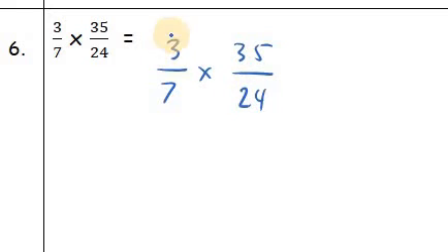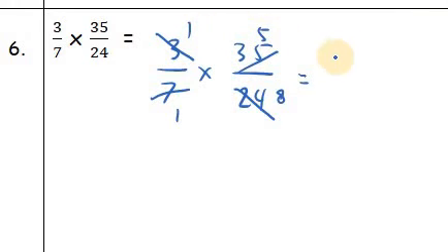Between 3 and 24, 3 is the greatest common factor, so 3 divided by 3 is 1, and 24 divided by 3 is 8. Between 7 and 35, 7 is the greatest common factor, so 7 divided by 7 is 1, and 35 divided by 7 is 5. After that, 1 times 5 is 5, and 1 times 8 is 8.